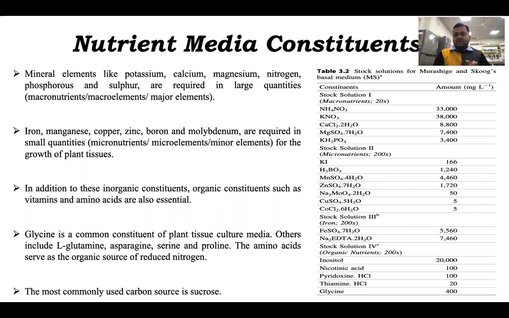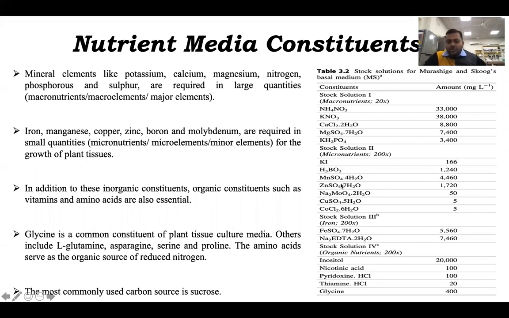Unfortunately, I don't think you will be here soon. But otherwise, when we do the tissue culture practicals, we teach the students to do this. Say we split the class into 4 different groups. One will prepare a stock of all the macronutrients, and one will prepare the stock of all the micronutrients.